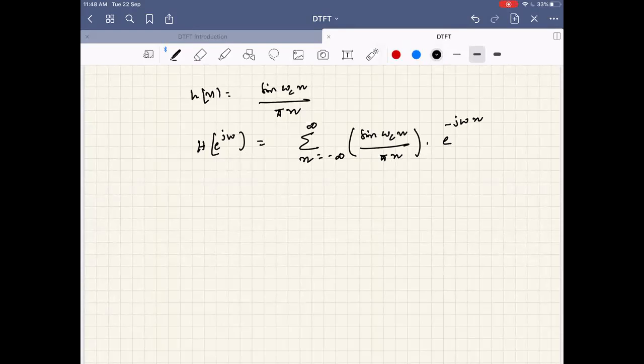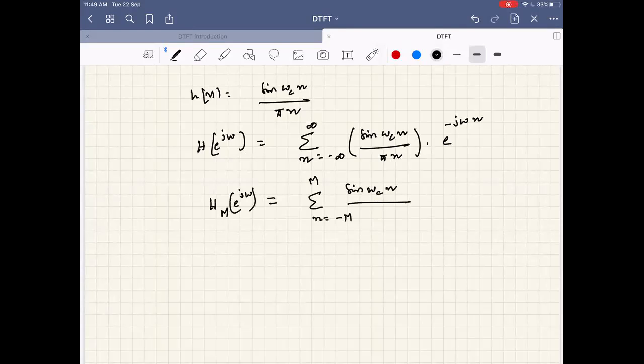That means, if in the sinc function I just take n from minus M to plus M, only 2M plus 1 terms, the question is, do I get something reasonably close to H of e power j omega? Let this be H_M of e power j omega.